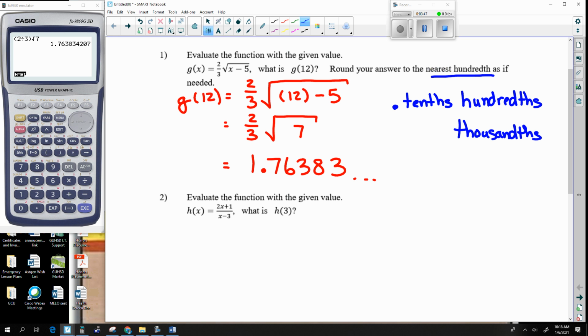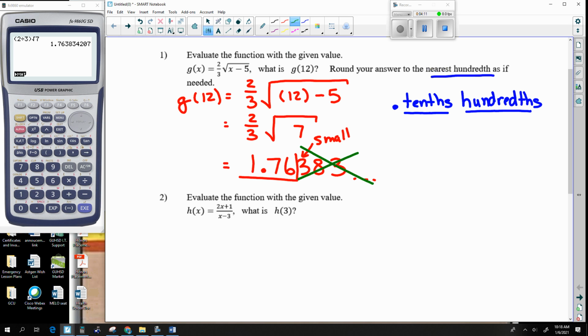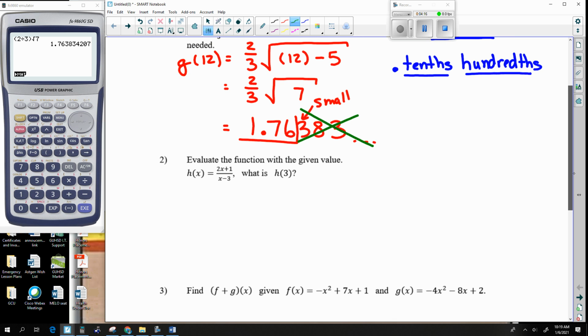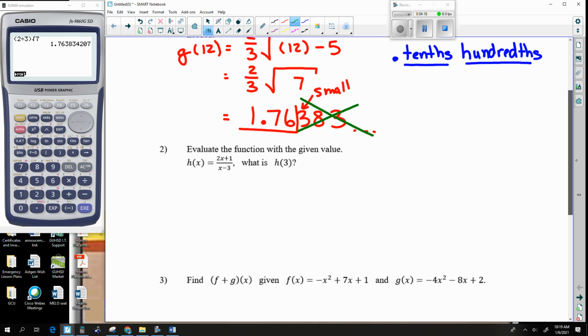Hundredths is the second decimal place. So in our answer, we're going to cut our answer off at that 6. This 3 is a small number. Because that's a small number, we do not round the 6. Otherwise, the 6 would get rounded to 7. So our answer in this situation is 1.76. If you need help rounding numbers, we can talk about that in class.